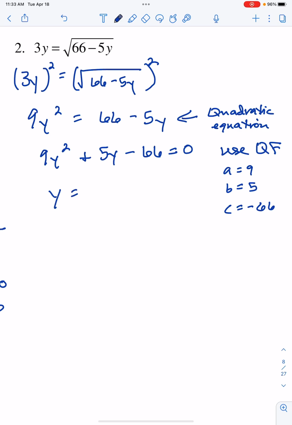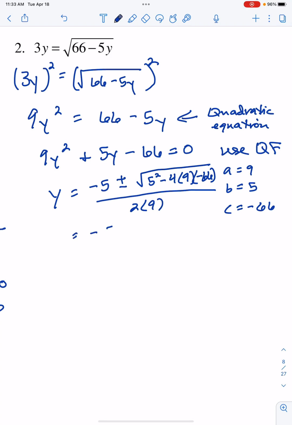So y equals negative 5, because it's negative b, plus or minus the square root of b squared minus 4 times a times c, all over 2 times a. Now we do cleanup work with our calculator. Negative 5 plus or minus square root 25. A negative times a negative is a positive.